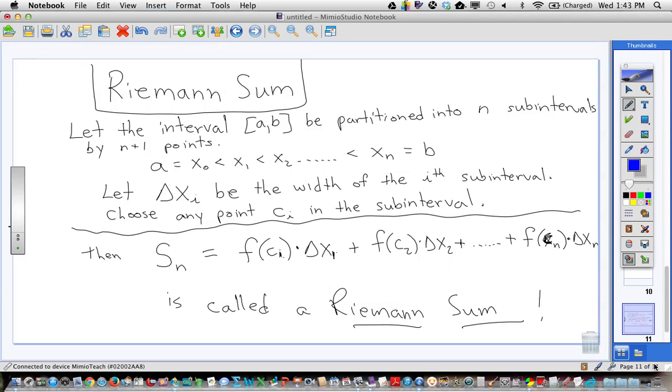You might even see where we're going with it a little bit. We'll get to it tomorrow. I mean, this S stands for sum, but if I kind of stretch that S a little bit, it's like an integral. So anyway, that's called a Riemann sum. So what we're doing when we do these problems, we are doing Riemann sums.